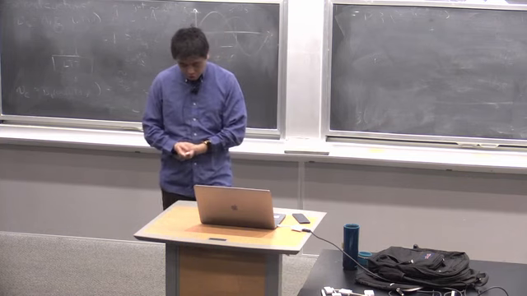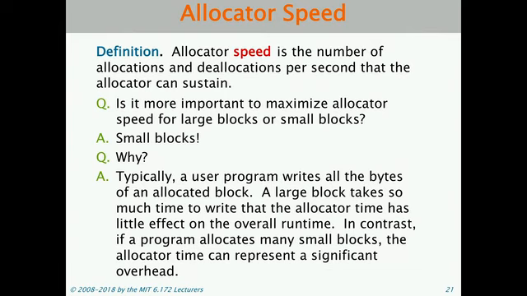Yeah. The main reason is that when you're allocating a block, a user program is typically going to write to all the bytes in the block. Therefore, for a large block, it takes so much time to write that the allocator time has little effect on the overall running time.